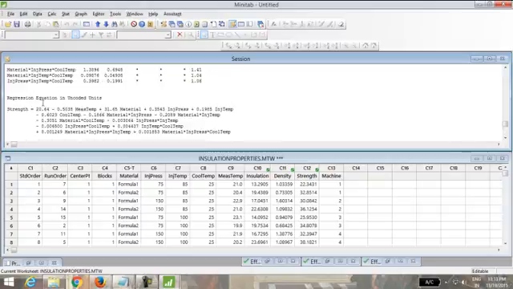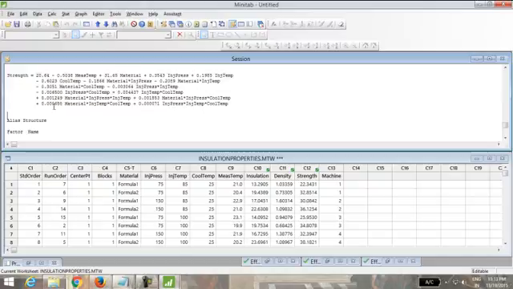So this is the regression equation for strength. Strength is one of the most important properties for an insulating material. So you can see on the screen, strength depends on 20.64 as the constant, and then minus 0.5038 times measuring temperature.